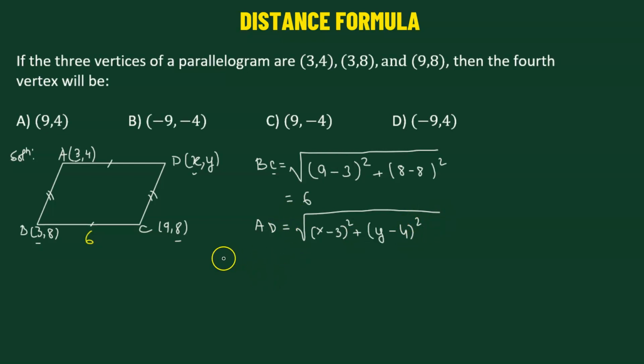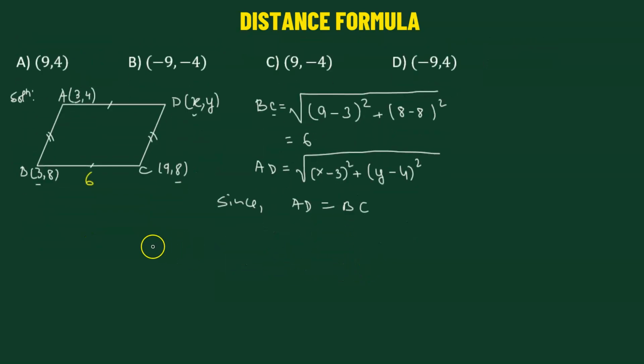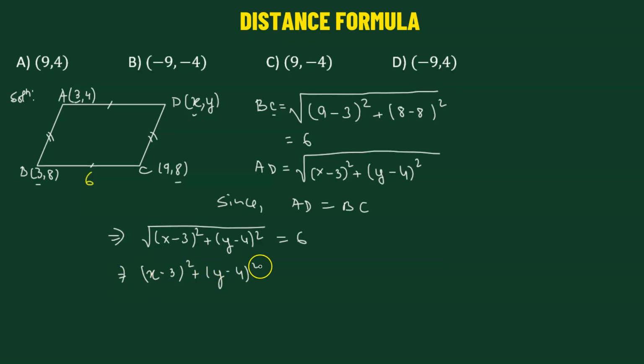Since we have already mentioned that the length of AD is going to be equal to the length of BC in a parallelogram, we can say that the square root of (x minus 3) squared plus (y minus 4) squared equals the length BC, which we obtained as 6. Fine. So let's square both sides. We get (x minus 3) squared plus (y minus 4) squared equals 6 squared, that will be 36.